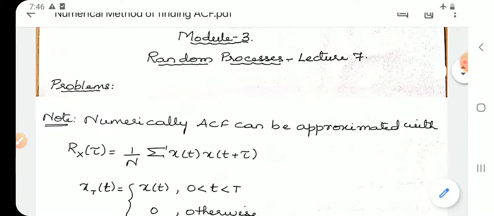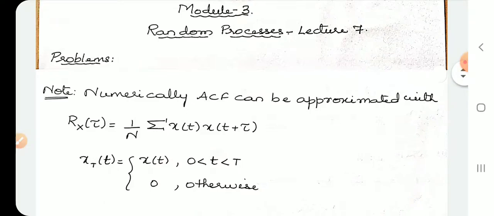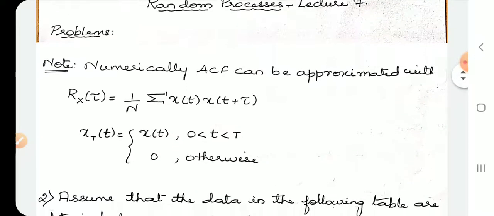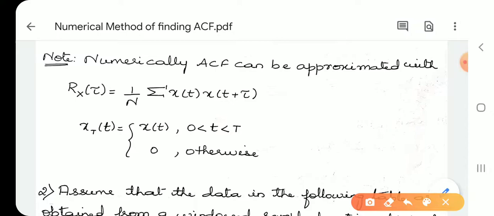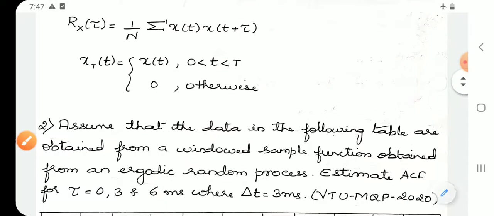The formula used to find the autocorrelation function using the numerical method is given by Rx of tau is equal to 1 by n into summation of x of t into x of t plus tau, where x of t is x of t for 0 less than t, 0 otherwise. So this is the formula used to find the ACF in the numerical method.